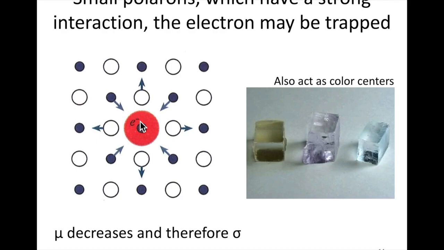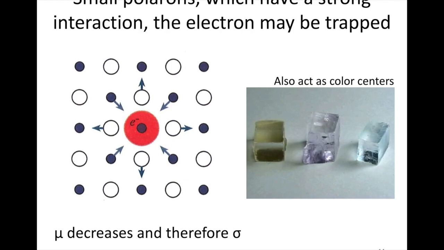It just talks about the area that is affected. For a small polaron, it's a smaller area of the lattice that is affected, but it actually ends up being a strong interaction. So it's a small area but a strong interaction. Here you can think of this small polaron as an electron that's trapped.